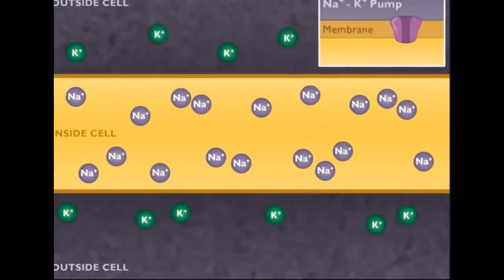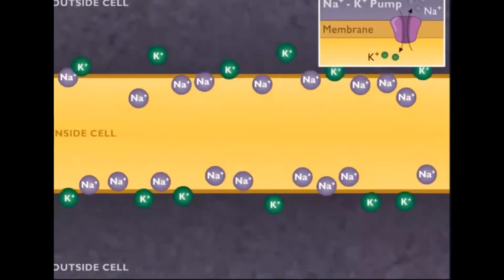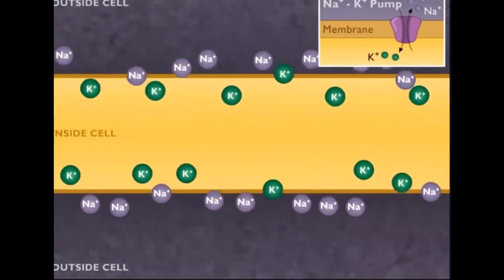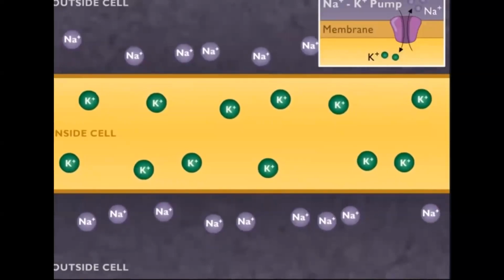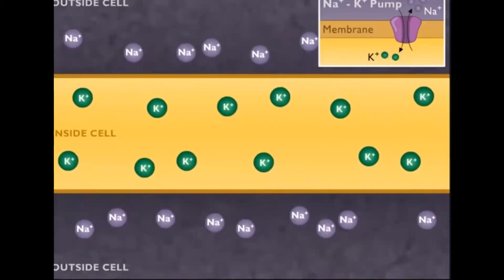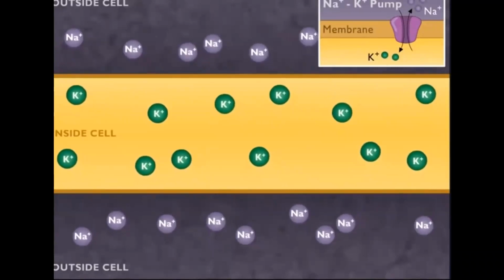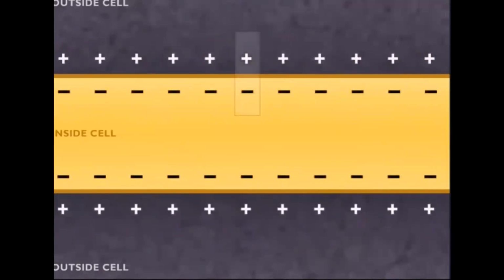The pumps send sodium ions out of the cell and bring potassium ions in. While other channels allow some flow of potassium ions back out of the cell, the sodium ions cannot easily get back in to replace the lost positive charges. The overall result is that the exterior of the cell has a net positive charge and the interior has a net negative charge.